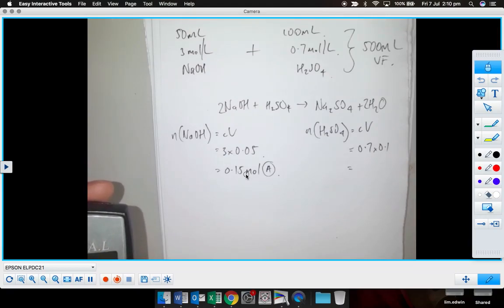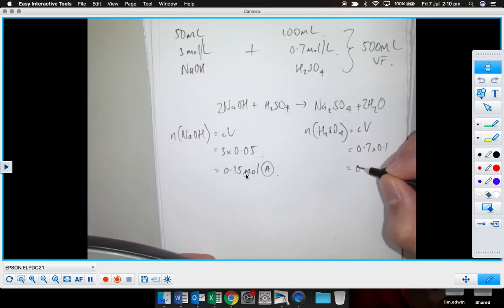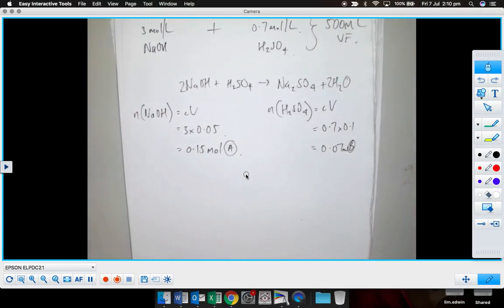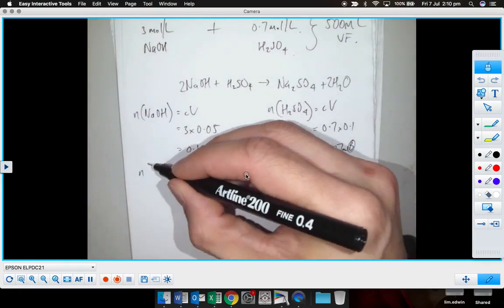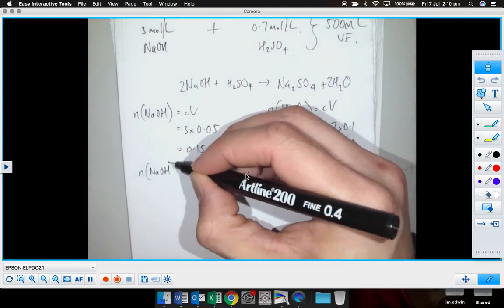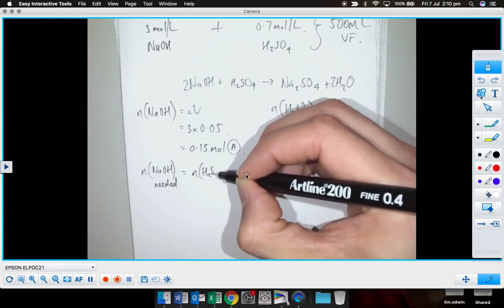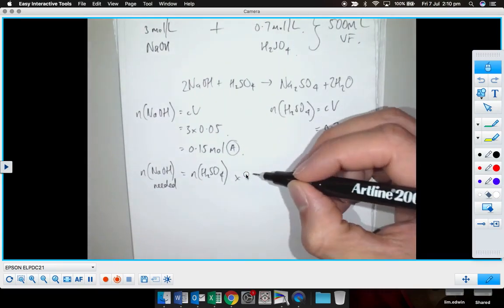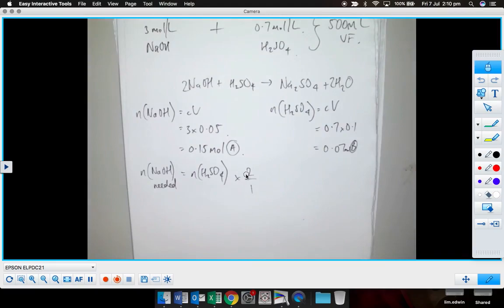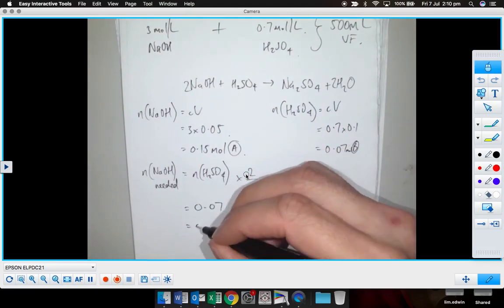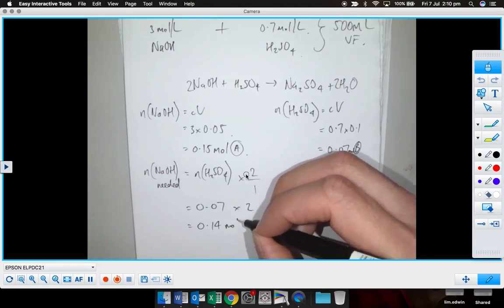Store that as B, which is 0.07 mole. That's B. Alright, now we can work out the number of moles of NaOH needed, which will be equal to the number of moles of H2SO4 times 2 on 1. 0.07 times 2, which is equal to 0.14 mole.